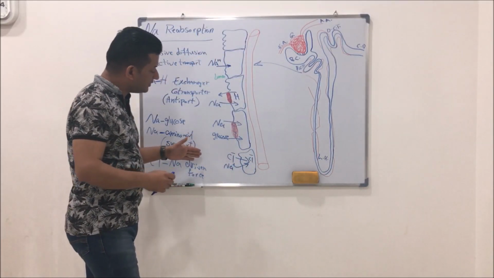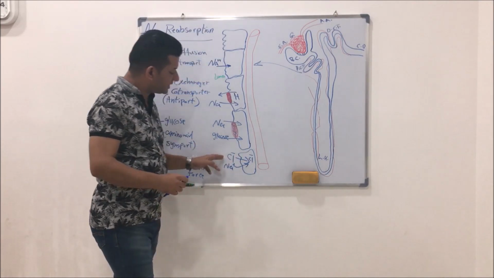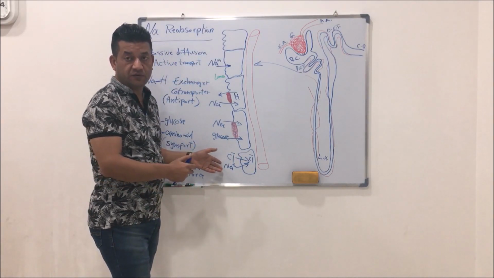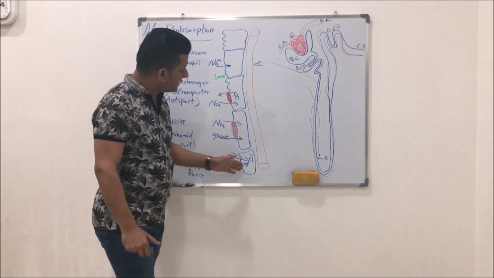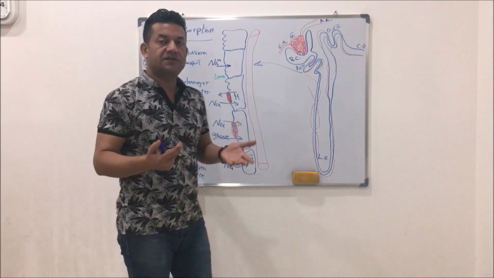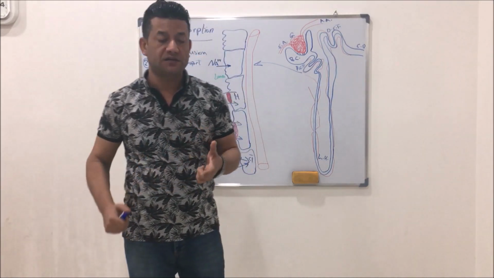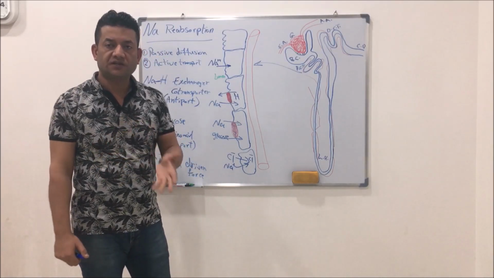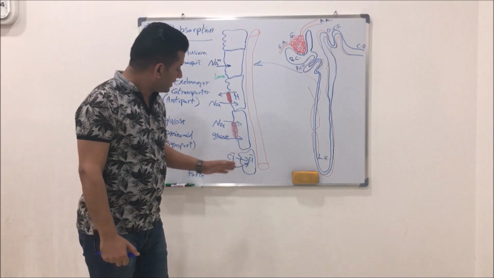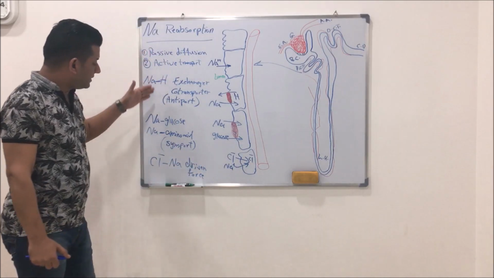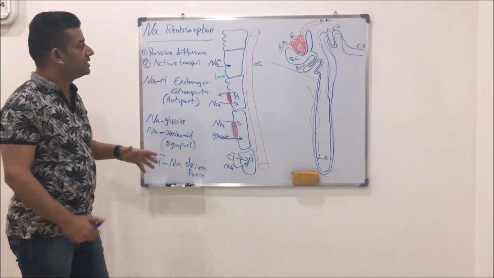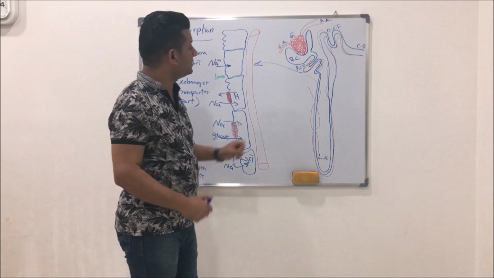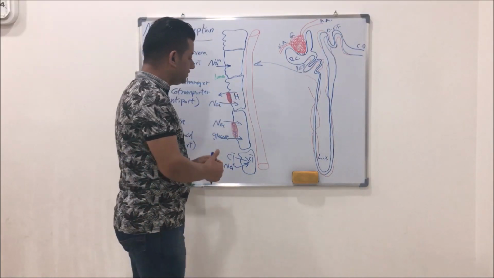So when chloride diffuses from the high concentration area in the filtrate inside the lumen to the inside of the renal tubular cells, sodium, as a positively charged cation, will follow the chloride. Here are the mechanisms by which sodium is reabsorbed in the proximal convoluted tubule.